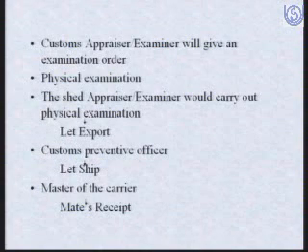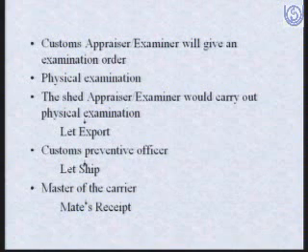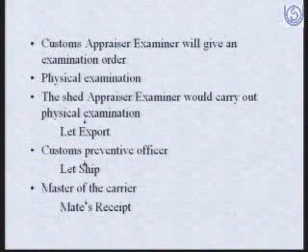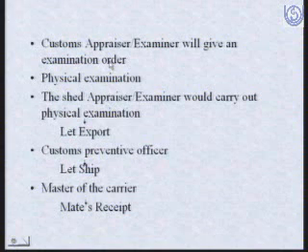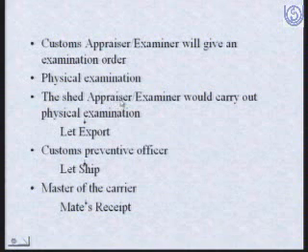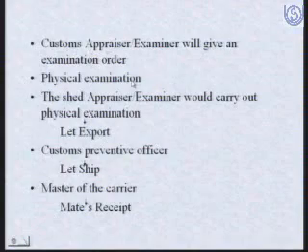Customs appraiser and examiner will give you an examination order, the order for the physical examination, and the appraiser or the examiner would carry out the physical examination based on the report of the customs officer.